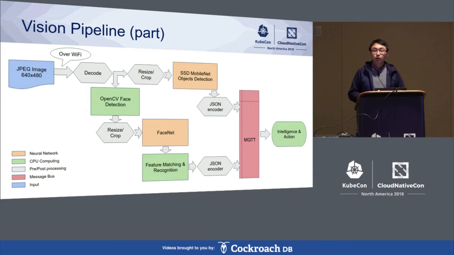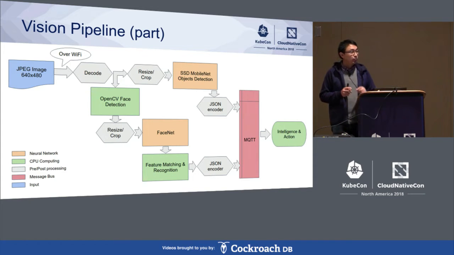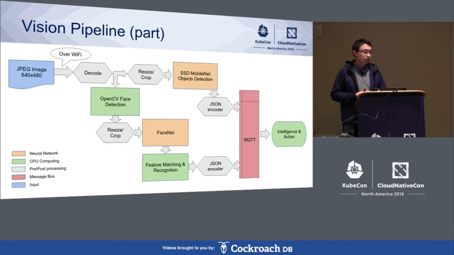One of the passes goes through an SSD MobileNet neural network, which detects multiple objects from a single image. The second pass goes through an OpenCV face detection, which detects rectangular regions of faces in the image, and then sends these sub-regions into a FaceNet, which extracts the features from this area of your face.